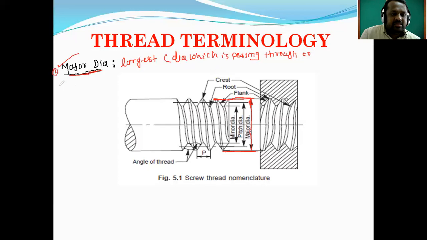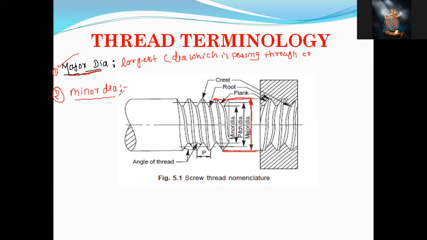Then the second diameter is the minor diameter. What is meant by the minor diameter? Yes, the smallest diameter which passes through the root. Good. See, I will show you how to measure it. From this portion to this portion, this is the root.